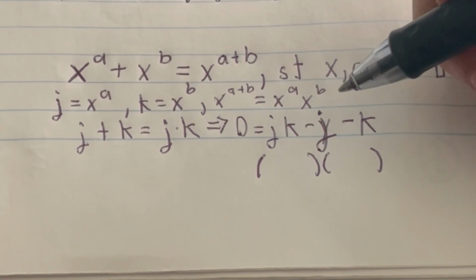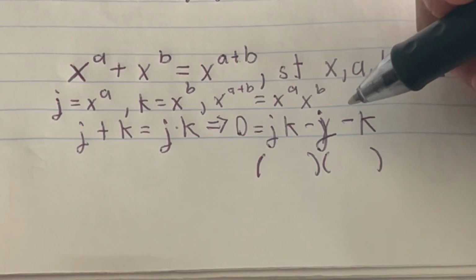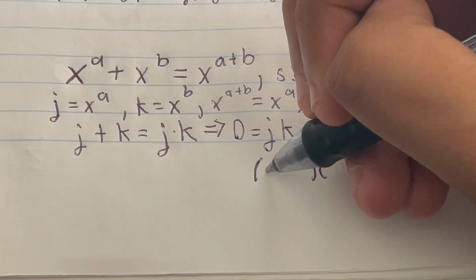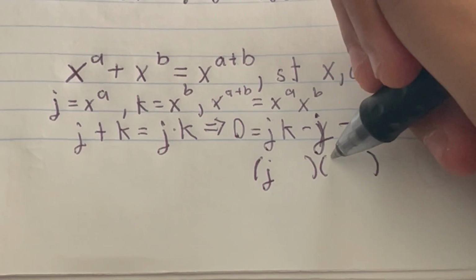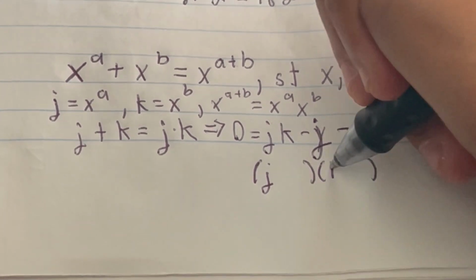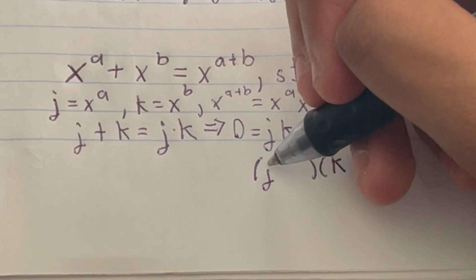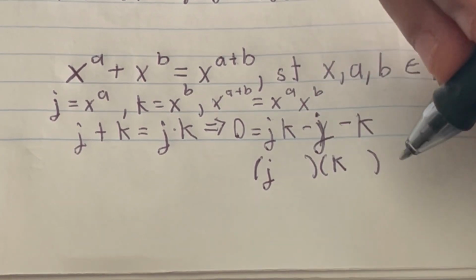Now, how do we factor jk minus j minus k? Well, j and k are going to get multiplied together. Since we know how to multiply two binomials, j is going to be somewhere over here and k is going to be over here. That way, when we FOIL the first terms, j and k, we multiply these two together to get jk.